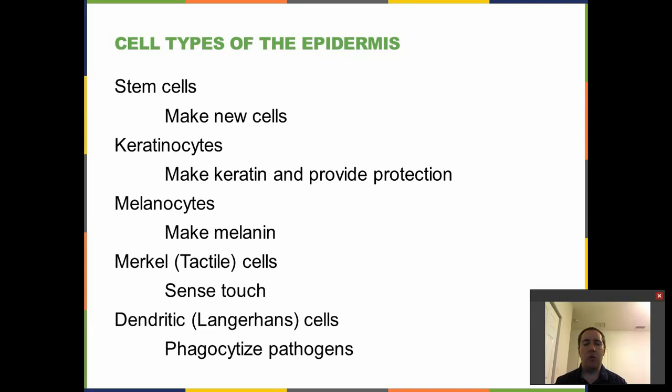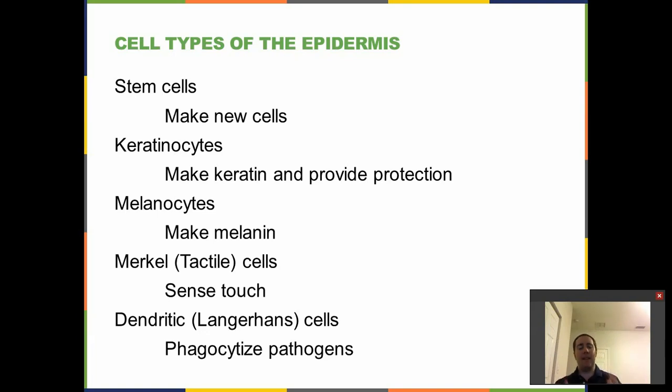Then we have dendritic cells, also called Langerhans cells. These are like white blood cells. They go around looking for invaders, whether they be viruses or fungus or bacteria, and they swallow them up. We talked about phagocytosis when we talked about our cells, and we said that phagocytosis is the process of bringing in large structures into the cell.